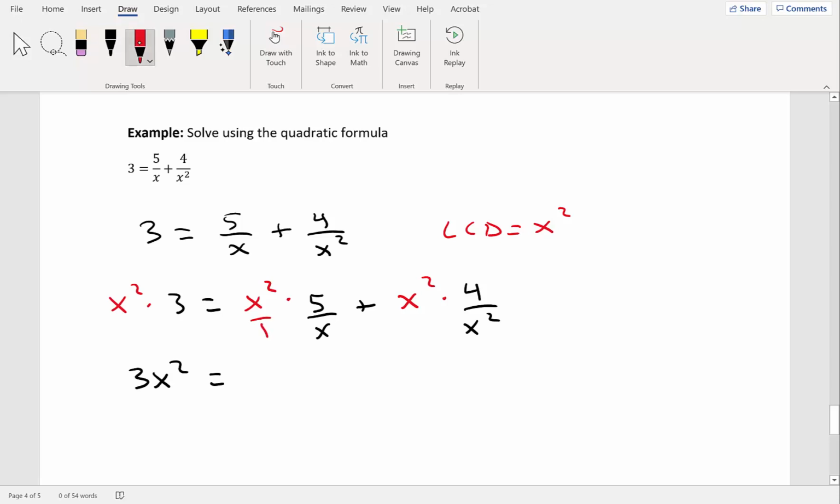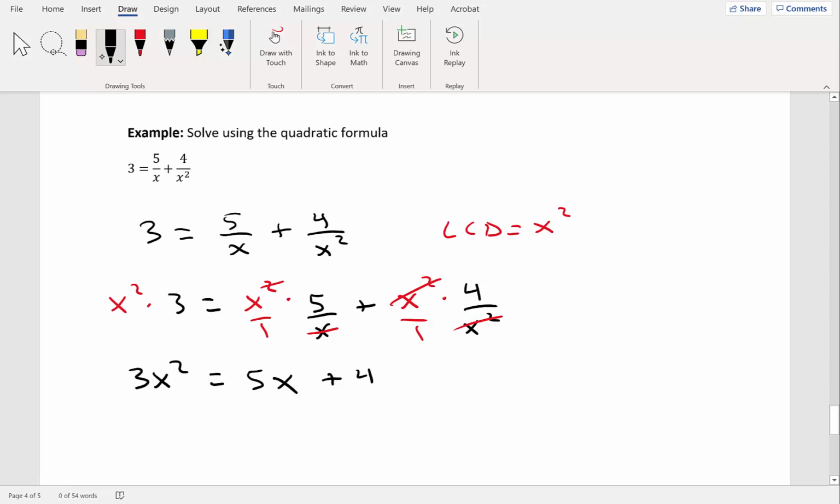Now for x squared times 5 over x, I'm going to rewrite x squared as x squared over 1, and now I could cross cancel. So one of my x's cancels out with one of them in the denominator. I'm left with x times 5, which gives me 5x. And I have plus, and now my x squareds cancel out. I'm left with 4.